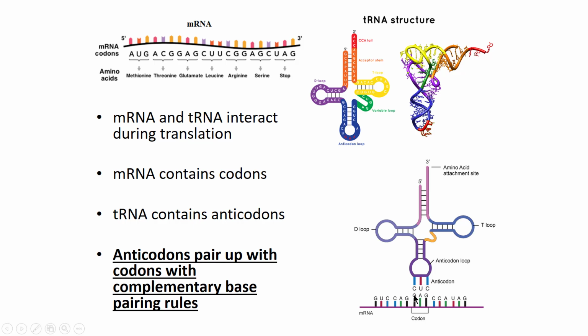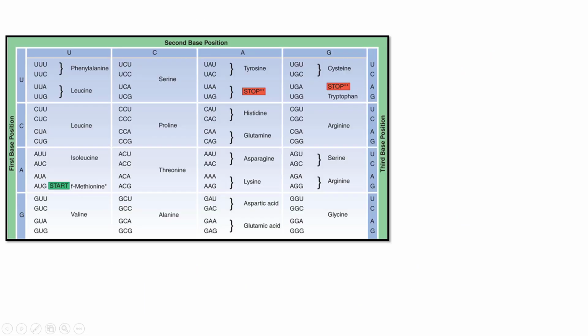And if those two match at the site of the ribosome together, that signifies that this transfer RNA matches this codon. So if I now go look at my codon chart, what I can see is that the codon itself, GAG, is complementary to CUC, which is on the anticodon.